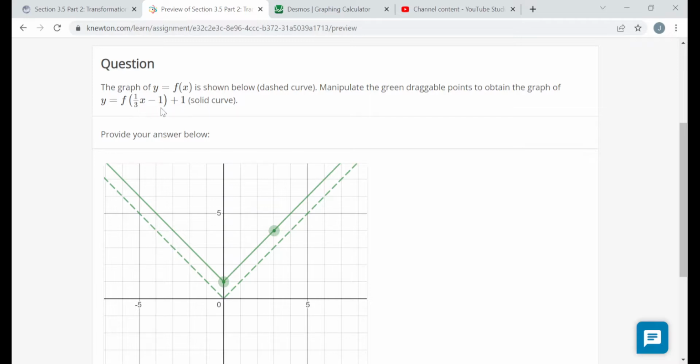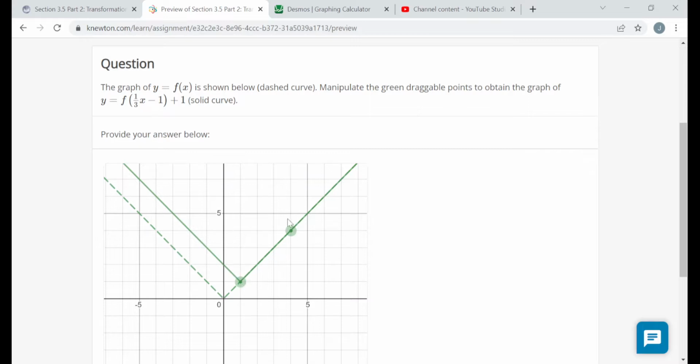Now the inside stuff: I do the subtraction or addition first, the shifts, then the multiplication. So to get this, I'd replace x with x minus 1, moving it to the right 1 unit. And then I would replace x with 1/3 x. Now if you replace x with 1/3 x, that multiplies all the x coordinates by 3. You get a horizontal stretch by a factor of 3.